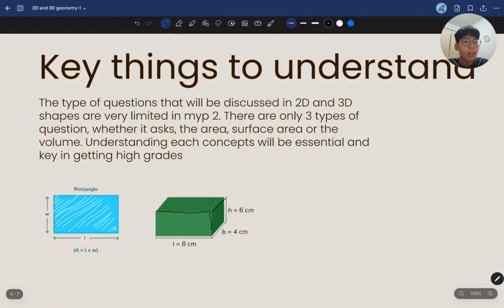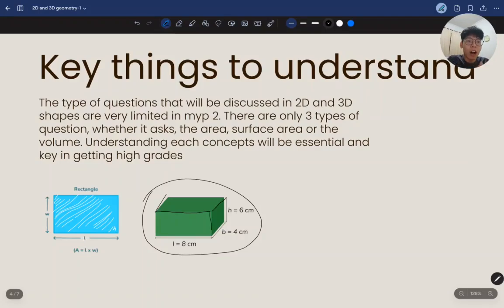So let's think of a cuboid. In a cuboid, or a rectangular prism, a shape in front of us like this, there are 6 sides. Adding the area of each side will end up in the surface area. The reason for this is because surface itself means the outer part.